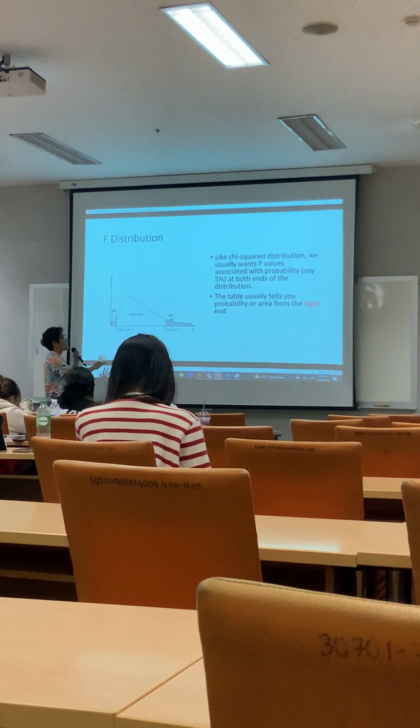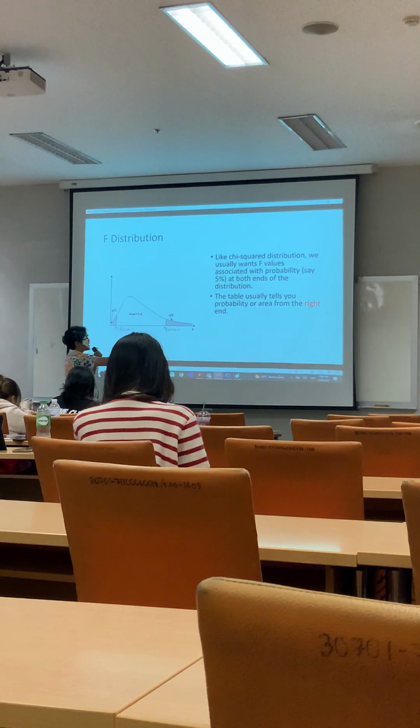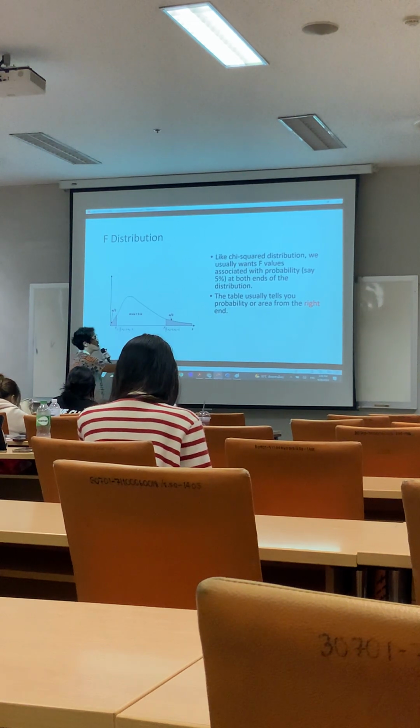So here you can see that, like the chi-square distribution, sometimes you are asked to calculate the area to the right, or maybe the area to the left in the lower tail. Sometimes we have to do both.